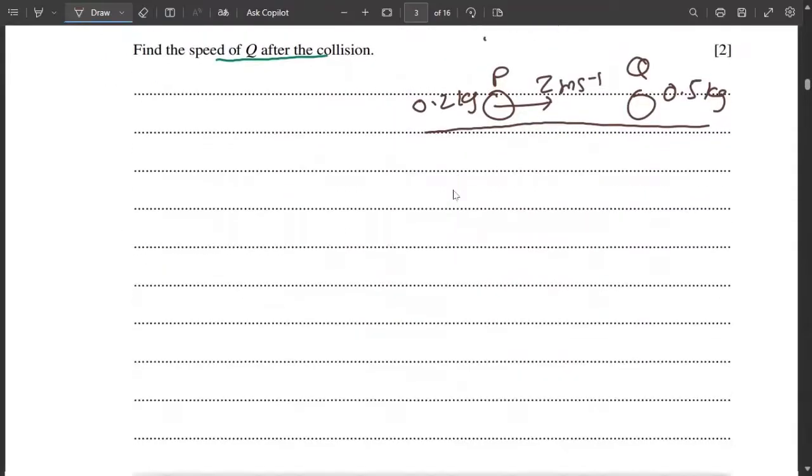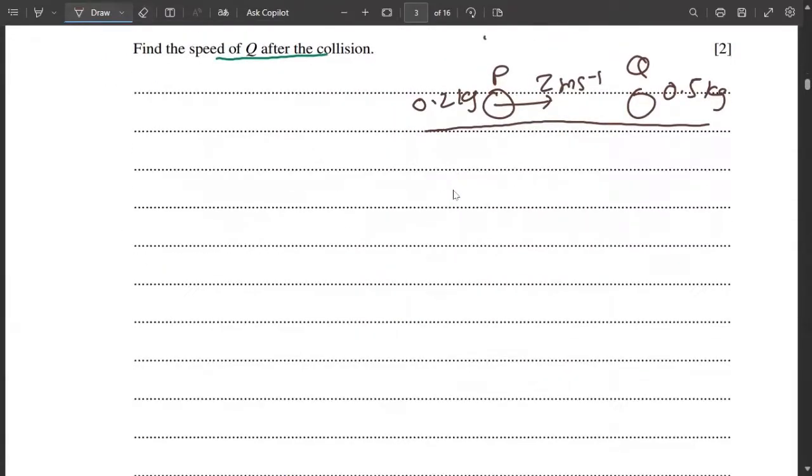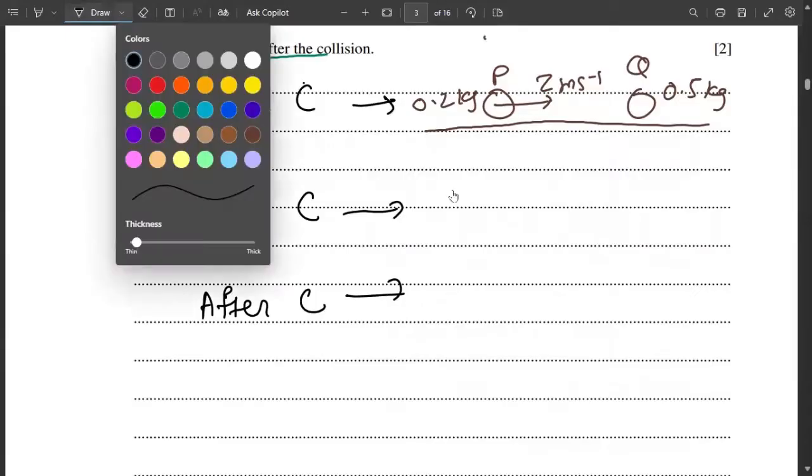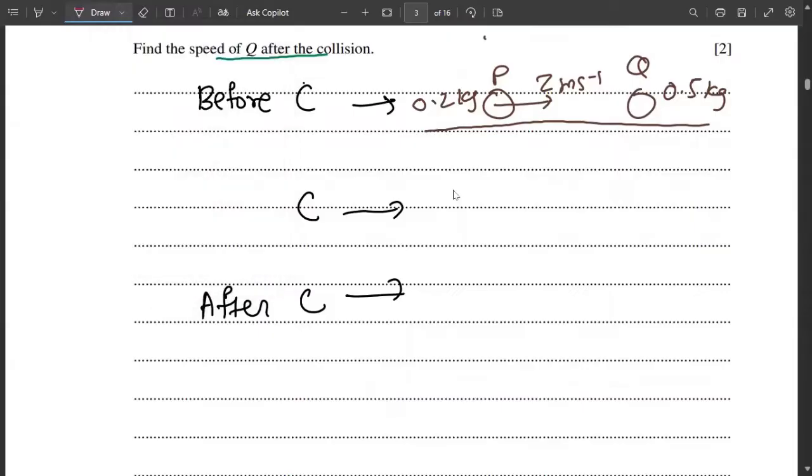This is before collision, this will be collision, and this will be after collision. When the balls are colliding, P and Q will be somewhere over here. Yeah, they collided.